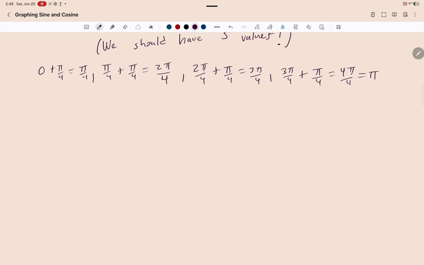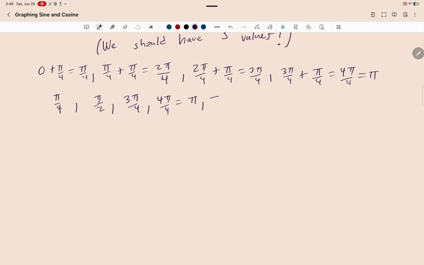Now, simplifying this, we get pi over 4, 2 pi over 4, which is just pi over 2, and then 3 pi over 4, and then 4 pi over 4, which is just pi.